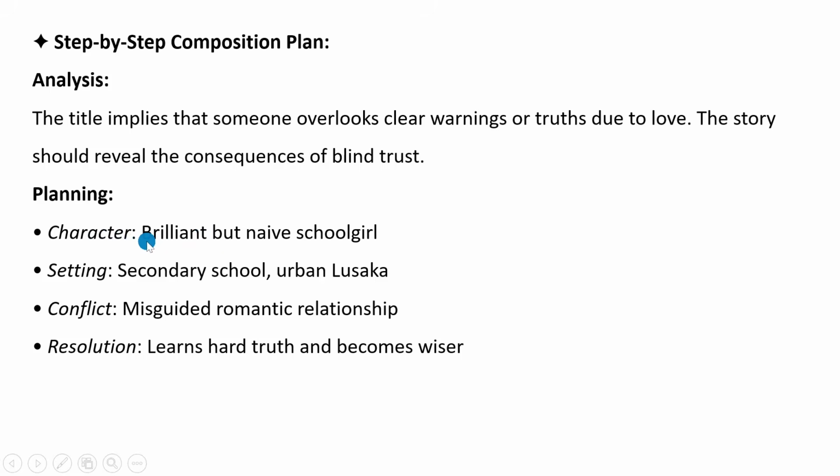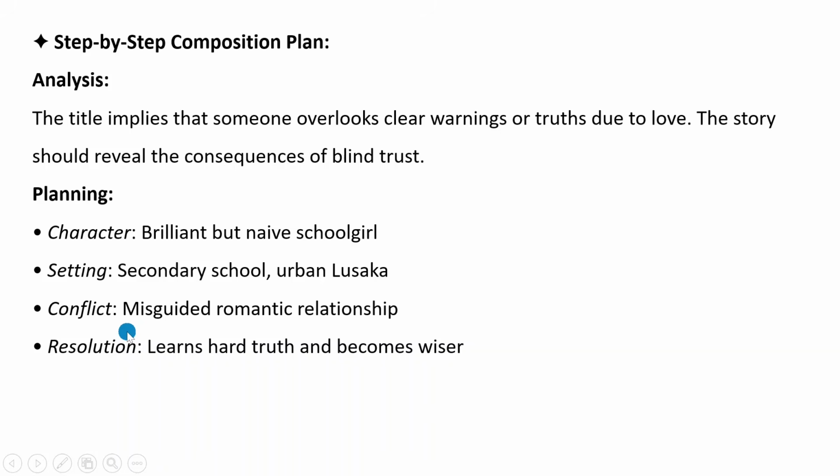And this character has been chosen as a brilliant but naive schoolgirl. Then, where was this character experiencing the situation that made her realize that love is blind? It was in a secondary school in Lusaka. You have seen? Now, conflict.